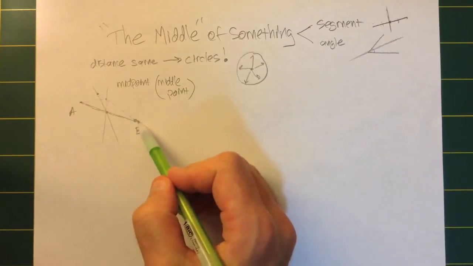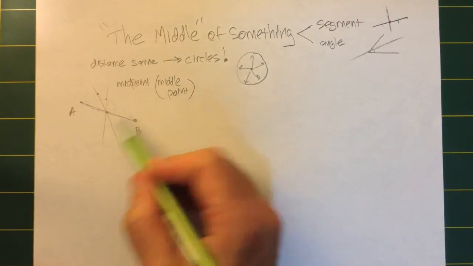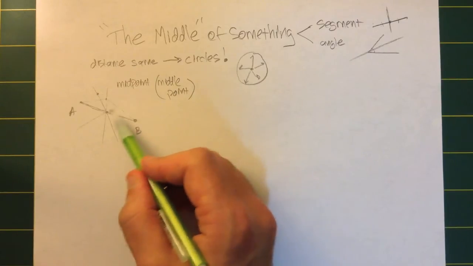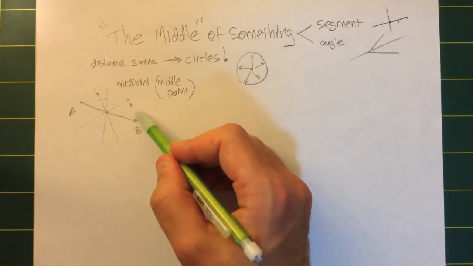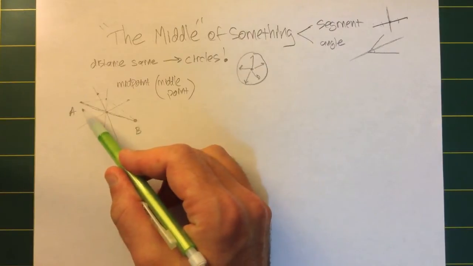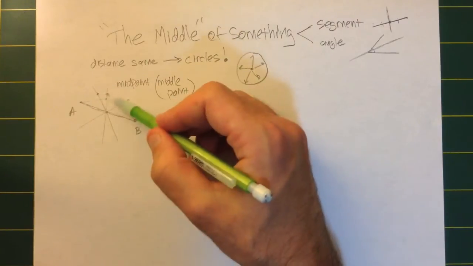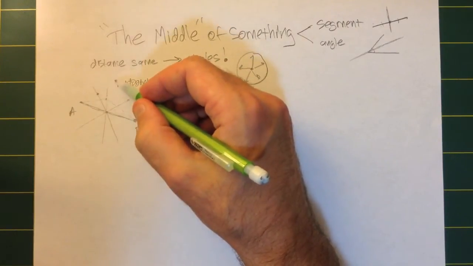I'm closer to A than I am to B. If I was to swing it way far over onto this side and pick a point here, now I'm closer to B than I am to A. In between here and here, there was a special segment.